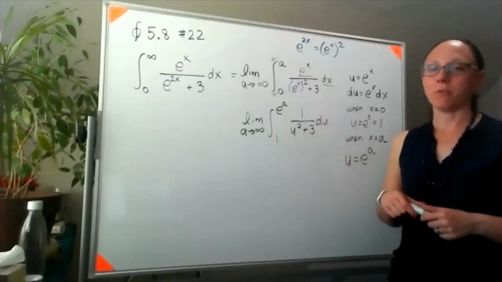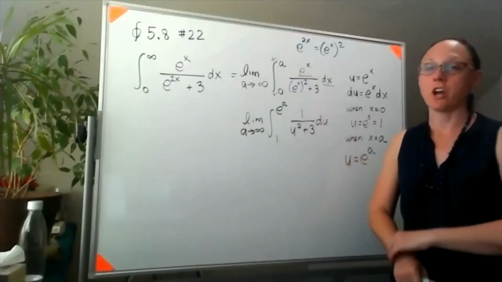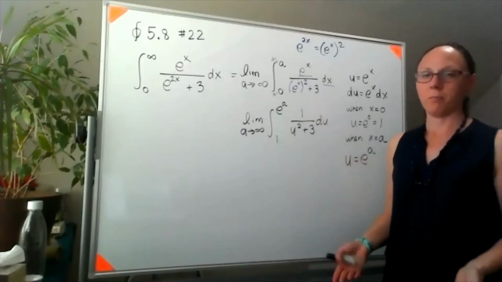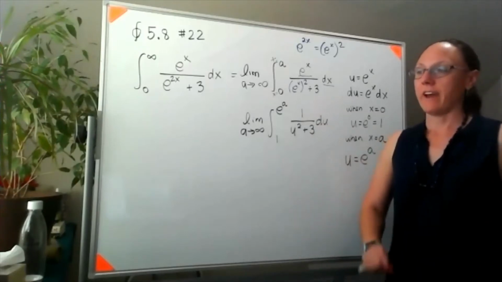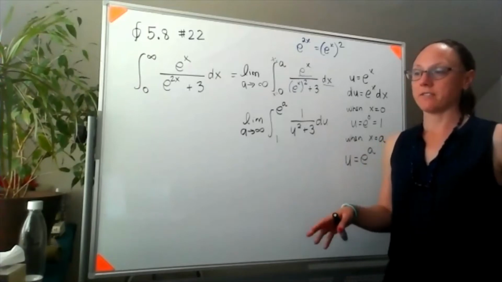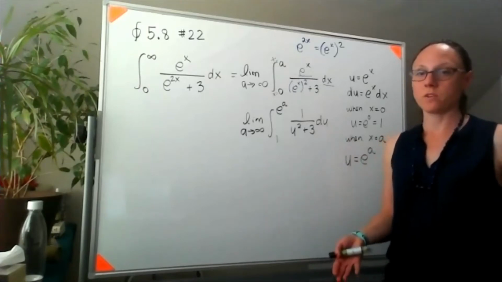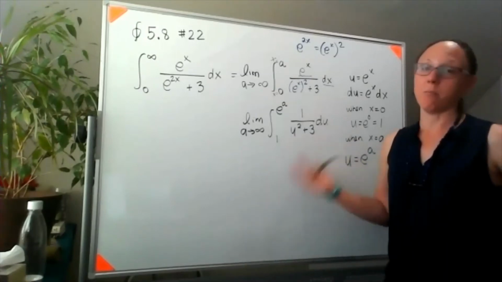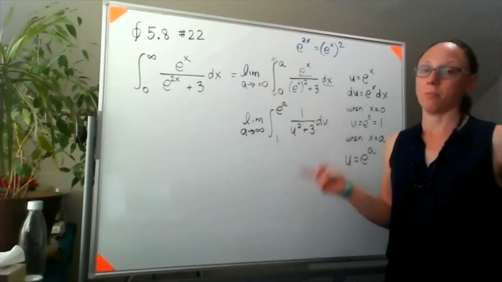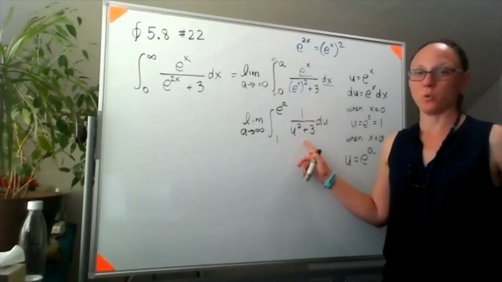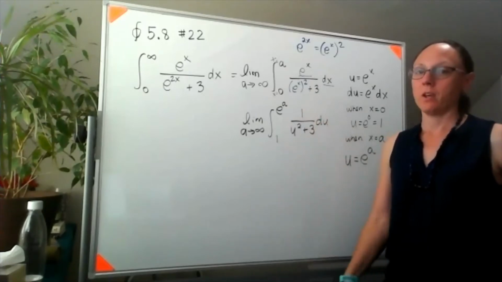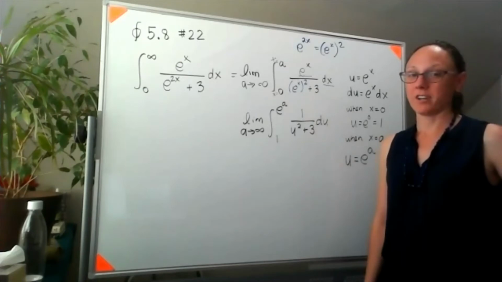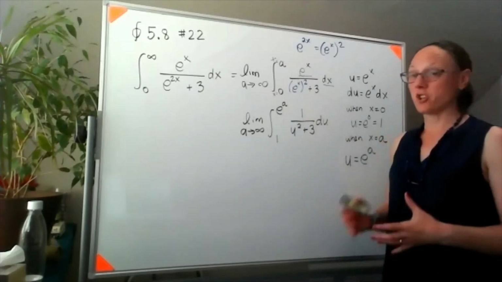I mentioned before, certainly when we were talking about 4.6, and then I mentioned it again yesterday, that our book actually gives more generalized forms for some of our antiderivatives. When I look at this, I'm immediately thinking arctan because I have 1 over u squared plus a number. Once I know that I'm thinking about arctan, we have two options.